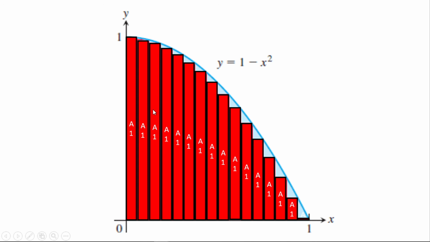Thus, it suggests that having more rectangles contained in the region R and having a width infinitesimally small, the more rectangles we contain, the more approximate value we can arrive at, and we can get the exact value of the region R.